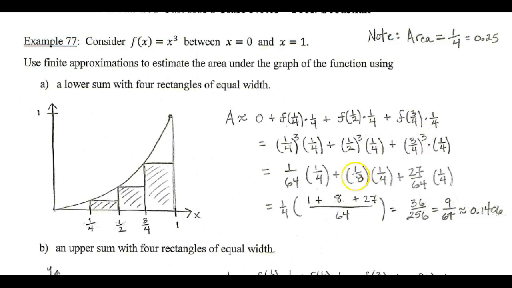So you work those numbers out, you get 1/8 and 27/64. The idea is combine this all into one fraction, simplify. It comes out to be 36 over 256, or 9 over 64. That's exact, and if you put that in your calculator, it's about 0.1406. Certainly much less than 0.25, and you can see that visually, the error here.